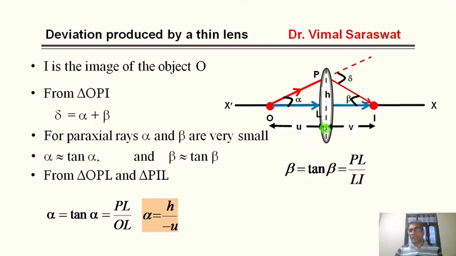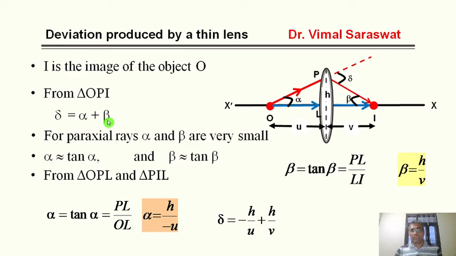Now in triangle PLI, beta equal to tan beta, and tan beta equal to perpendicular upon base, that is PL upon LI. Here PL equal to H, LI equal to V. So beta equal to H upon V. Now delta equal to alpha plus beta.